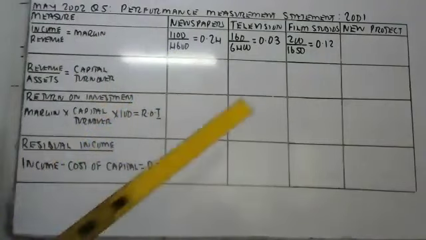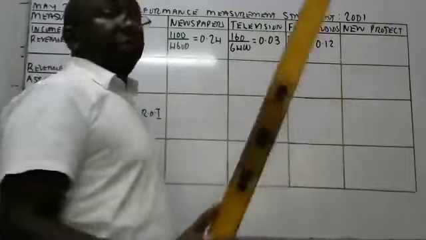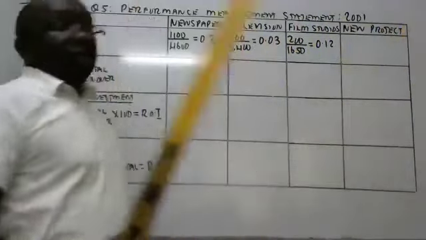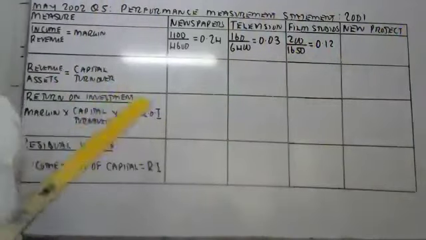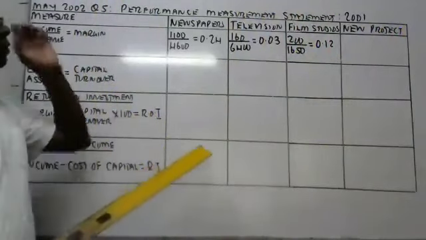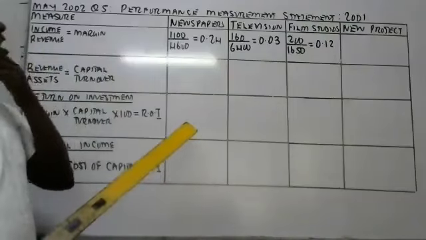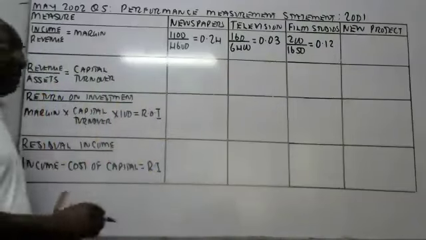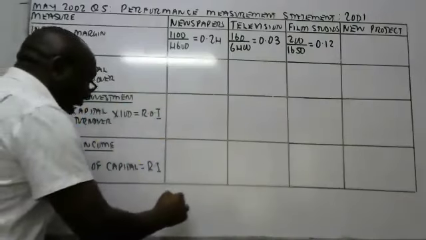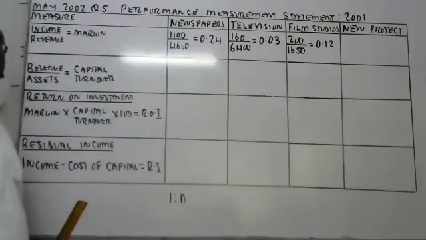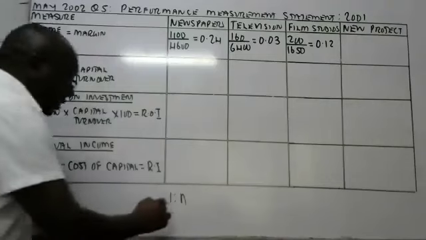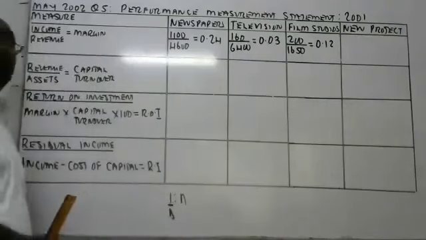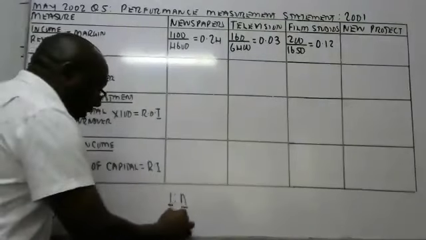If we had space, or if we had been told to rank, we would rank here. And these are ratios, and I normally find many people having problems with ratios. Remember, a ratio is interpreted as 1:n, where 1 is the value in the denominator and n is the value in the numerator.